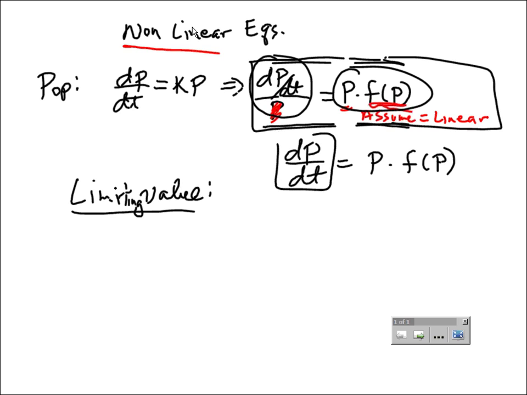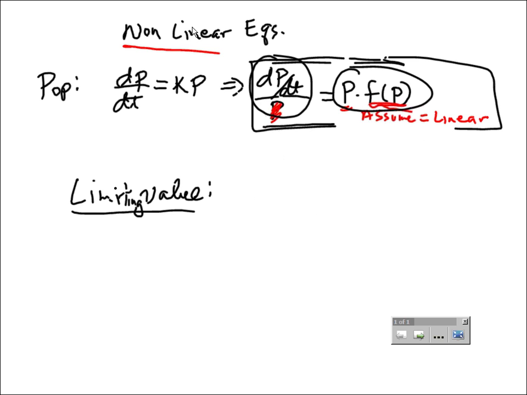That is, this is a product, the product of this and that. Well, the population's not going to be 0. Population, say, is growing. It must be this that's going to be 0. Limiting factor is when that f of p, whether it's linear or not, is when f of p equals 0.